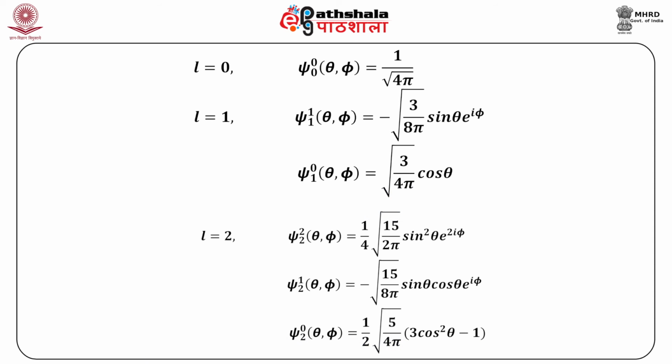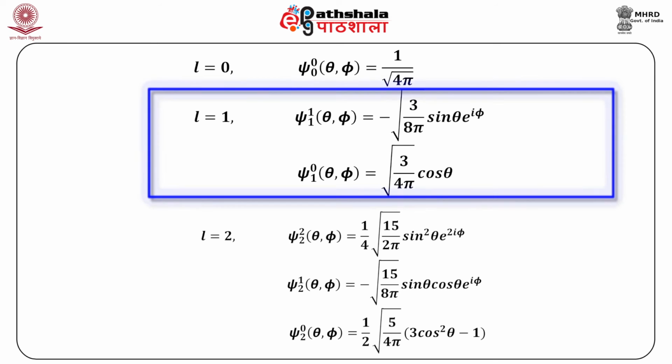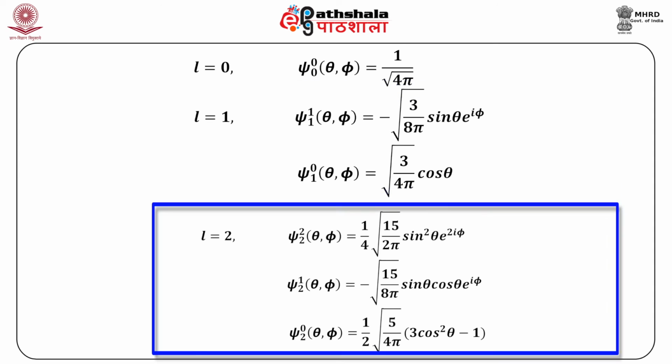For L is equal to 1 and for L is equal to 2, for different values of M, the corresponding expressions are given. So this is the list of the spherical harmonics. But please remember that for L is equal to 1, M will have the value -1, 0 and +1. And for L is equal to 2, we will have +2, -2, then +1, -1 and 0.